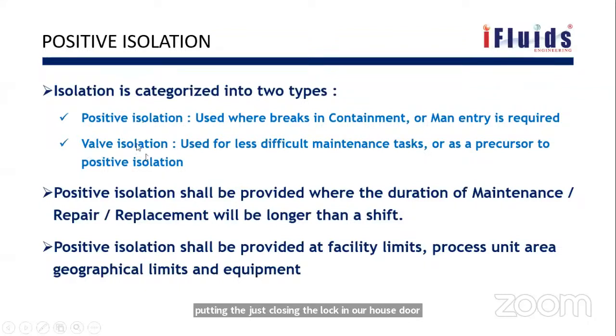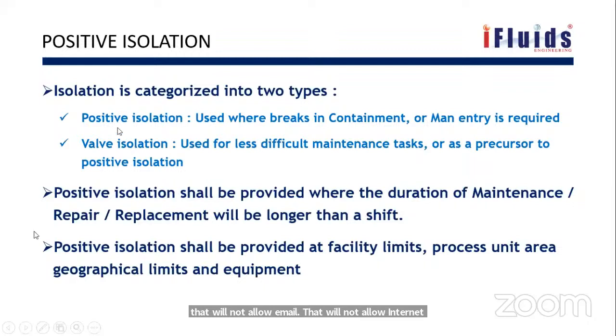Positive isolation is putting an additional lock for securing, like when we leave our home and go on vacation, we sometimes put additional locks. That is positive isolation, and it will not allow inadvertent opening of the door.